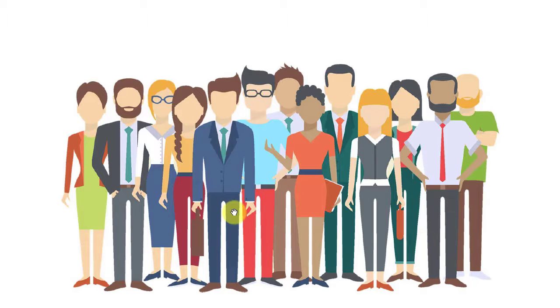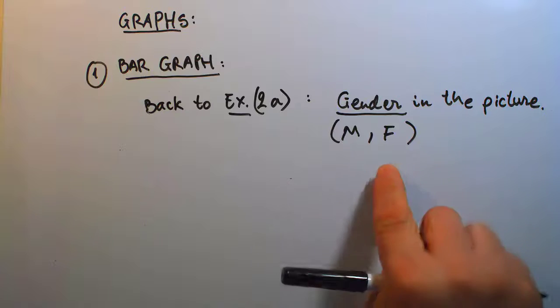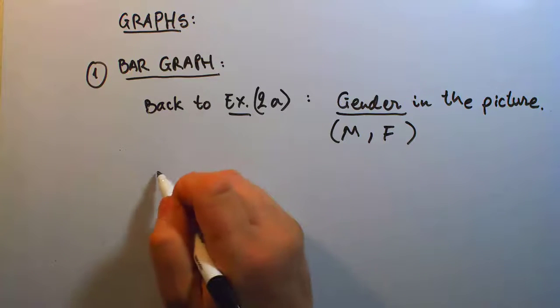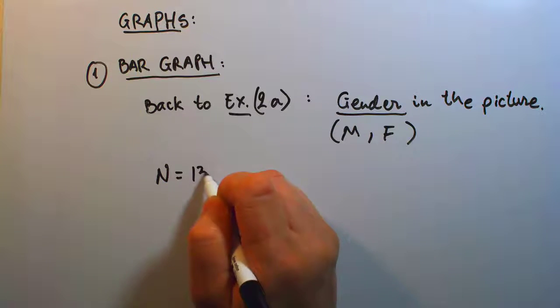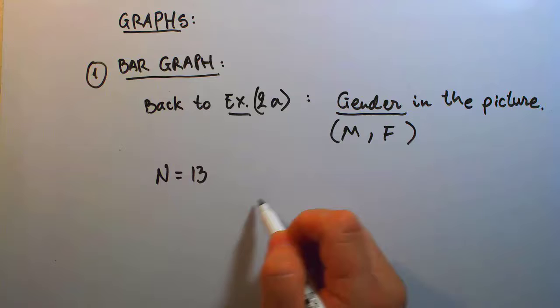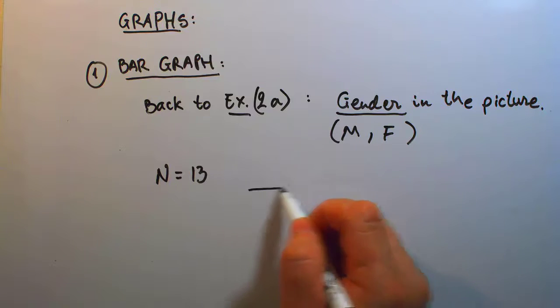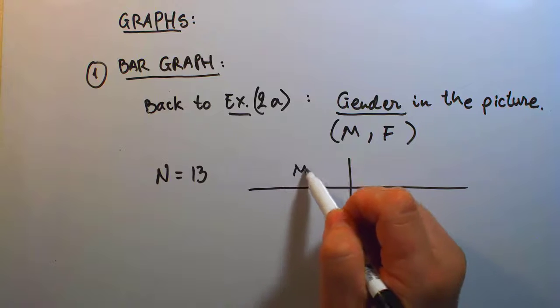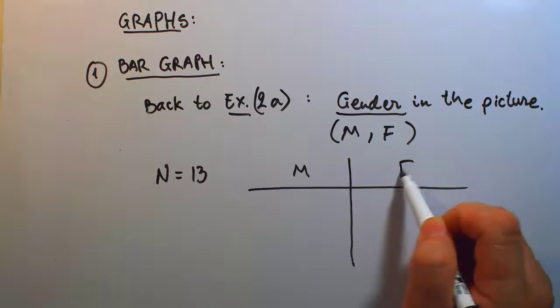And so remind yourself that we've learned in example 2 part A that we had the n count as being 13. And we did construct it, and here it's not a bad idea to redraw that table, but we had the male count as a category and the female as another category.